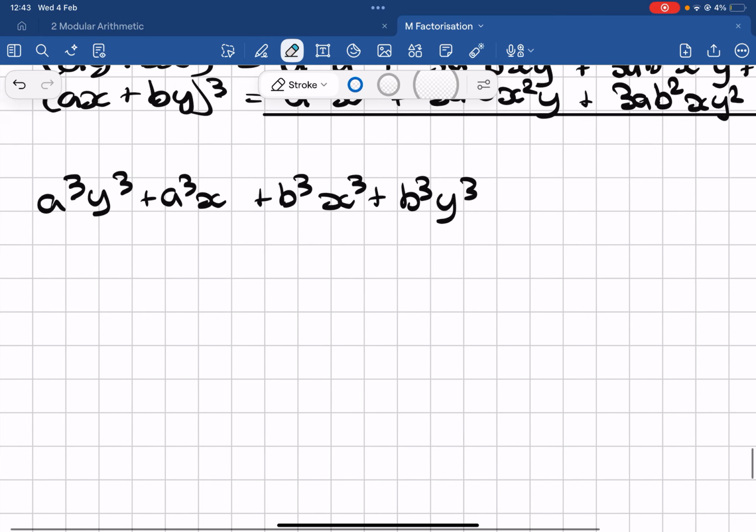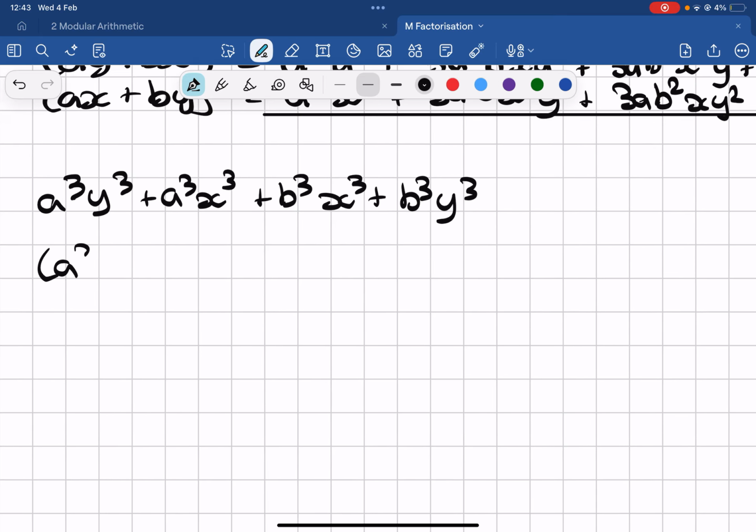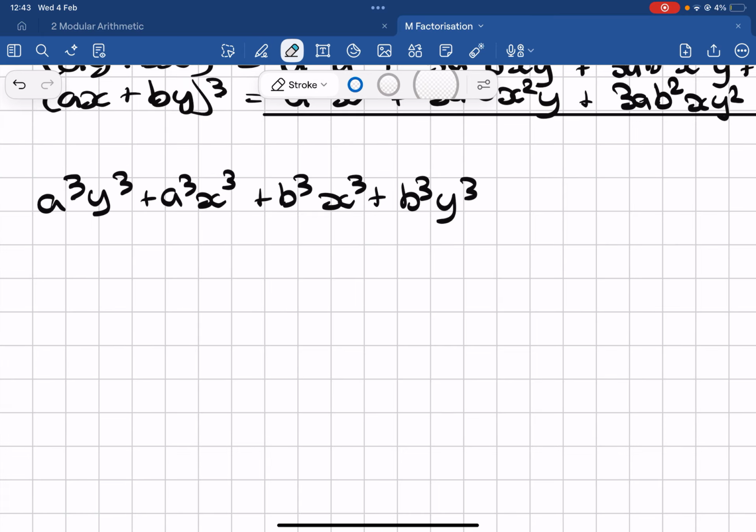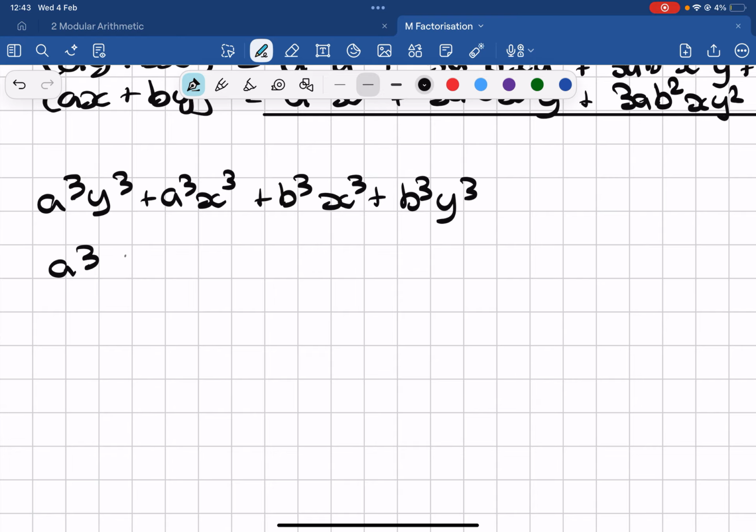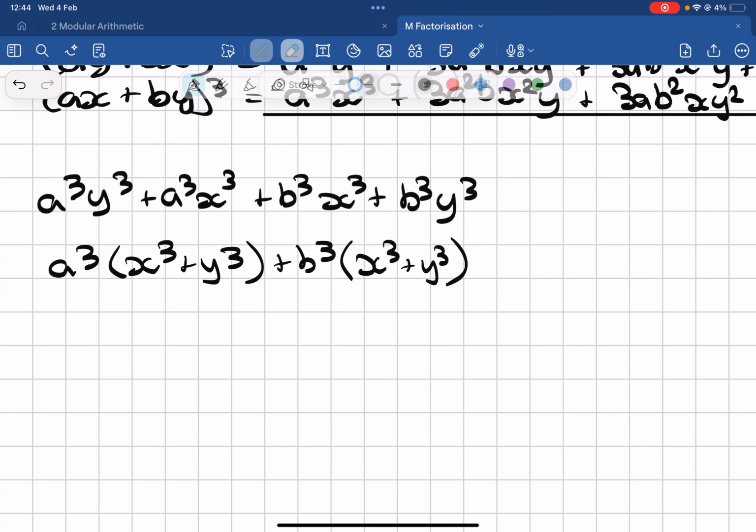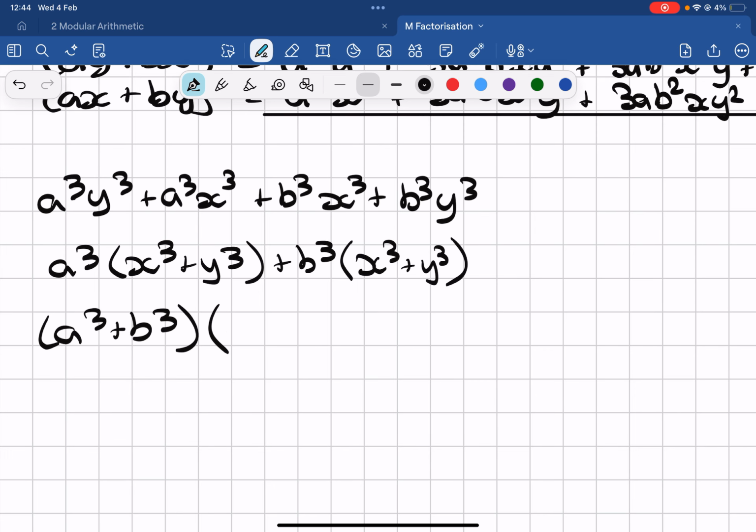So let's factorize out a cubed. So we have a cubed times (x cubed plus y cubed). Factorize b cubed, we have b cubed times (x cubed plus y cubed). Notice the brackets, so you can say (a cubed plus b cubed)(x cubed plus y cubed).